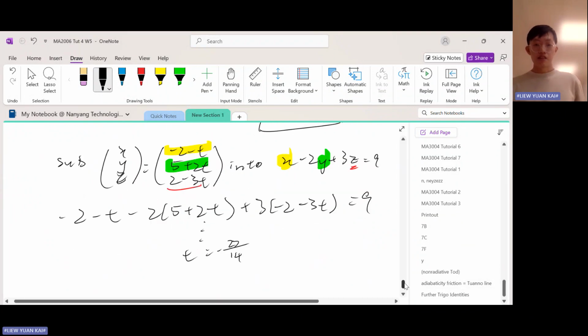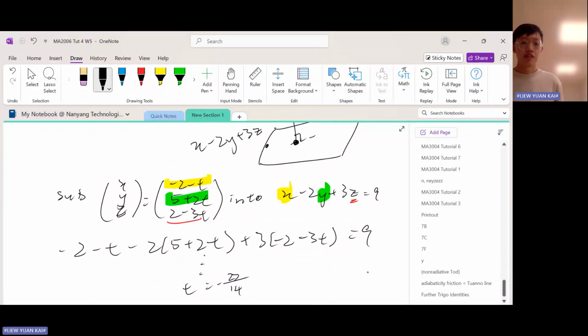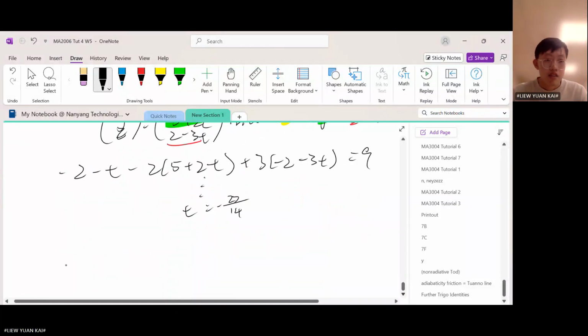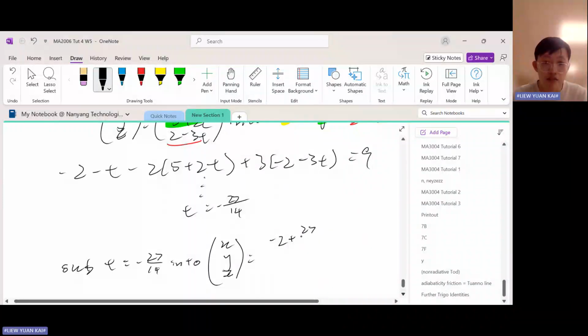Once you found this t, you go back to your straight line equation, and sub t equals minus 27 over 14 into it. Then you can calculate the coordinates. So if you do that, you have x equals minus 2 minus negative 27 over 14, y equals 5 plus 2 times negative 27 over 14, and z equals minus 2 minus 3 times negative 27 over 14.